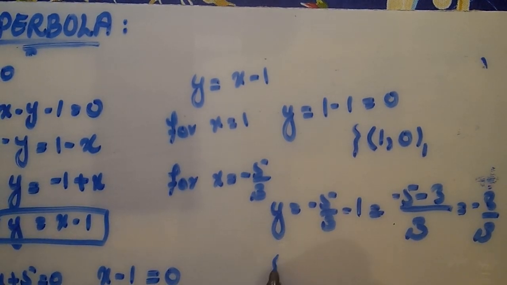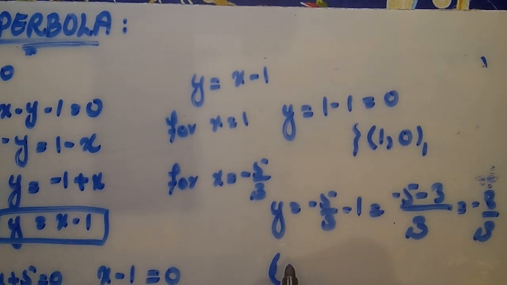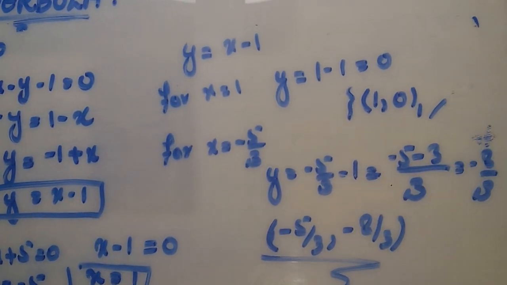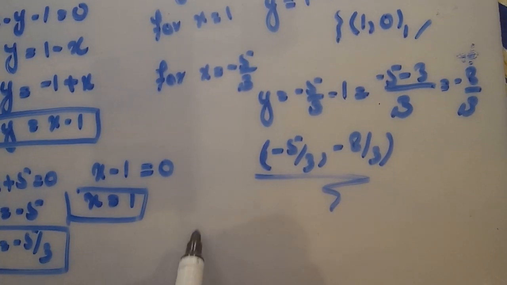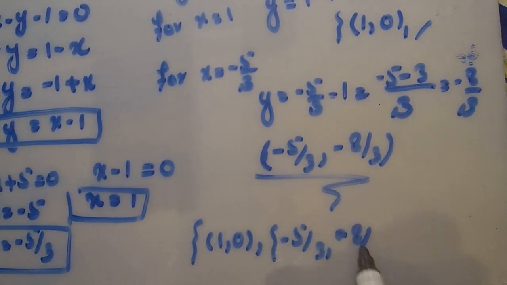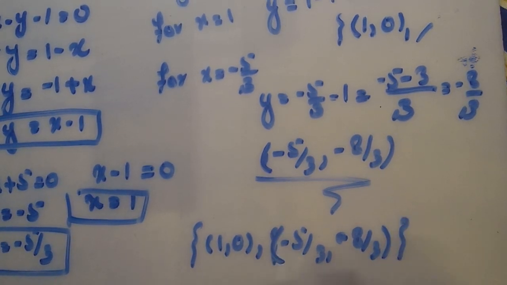So the second point of intersection is (minus 5 by 3, minus 8 by 3). These are the 2 points where the line intersects the hyperbola, and the solution set is (1, 0) and (minus 5 by 3, minus 8 by 3). Thank you.